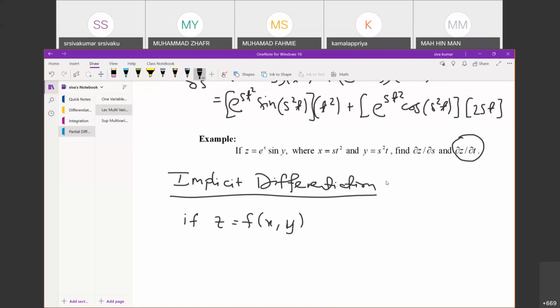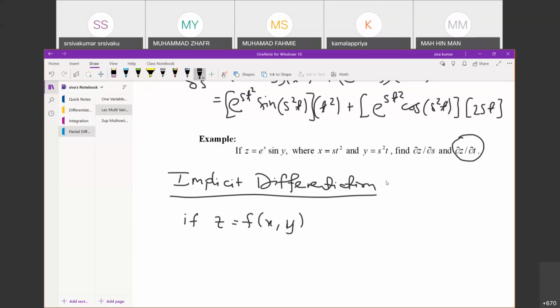Without that you won't be able to do it properly. That's why I emphasize that you should identify which one is the independent variable and which one is the dependent variable. It's fundamental to proceed to higher order differentiation and integration.